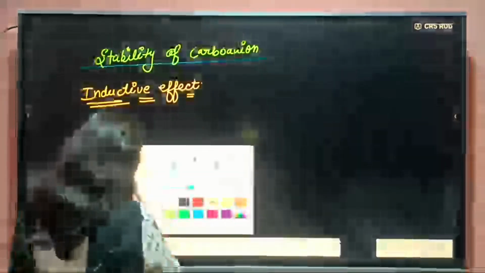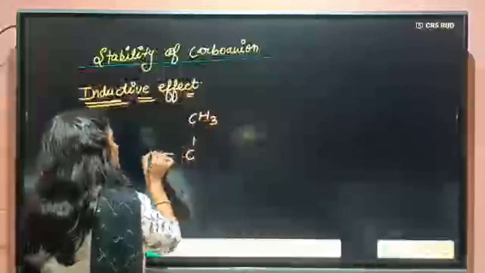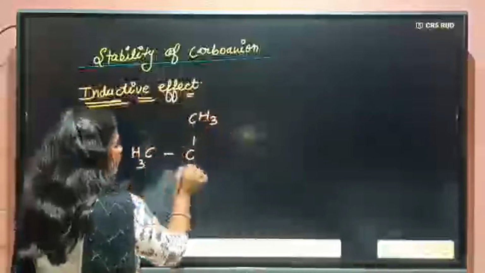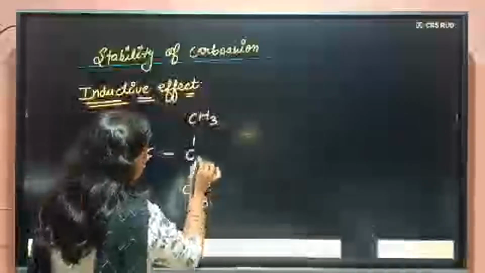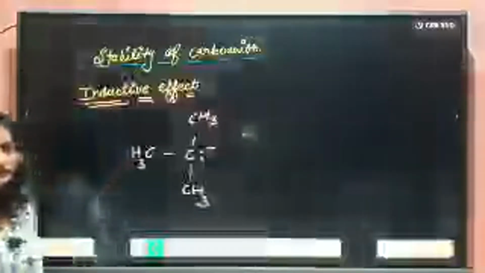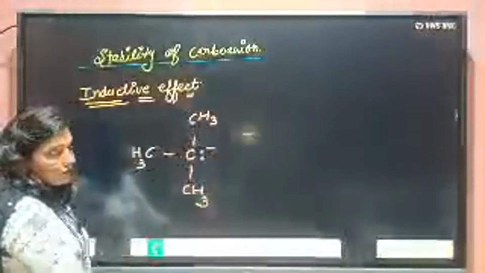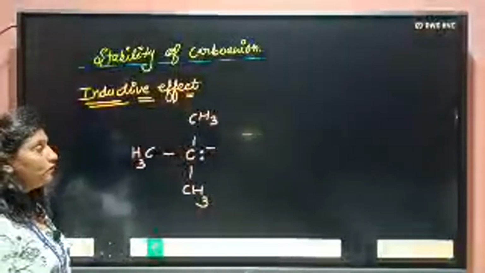Okay. Students, try to understand. If you have a tertiary anion, here three alkyl groups are present, three methyl groups.